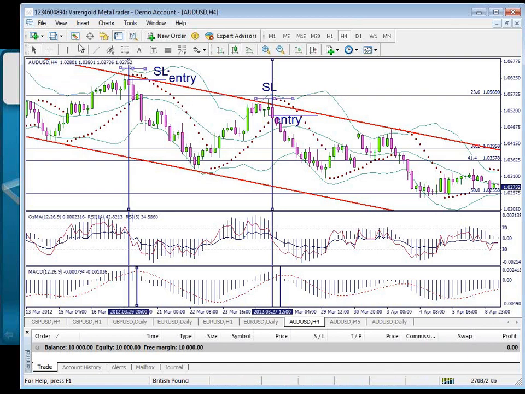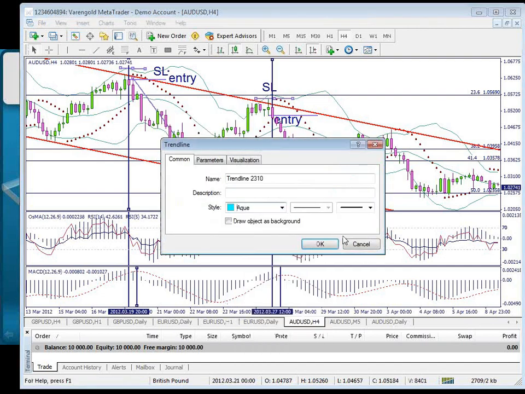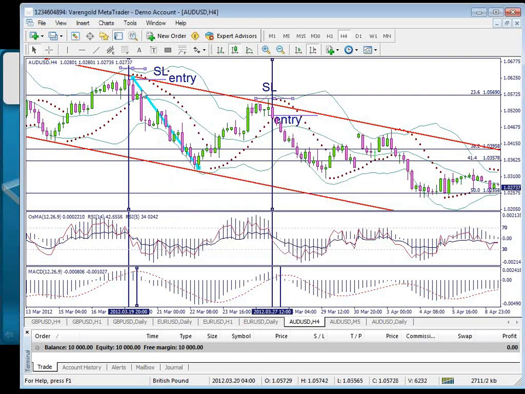So this can be one trade, maybe not too much, a little bit smaller. Here will be the target in this area between 38.2, 41.4.